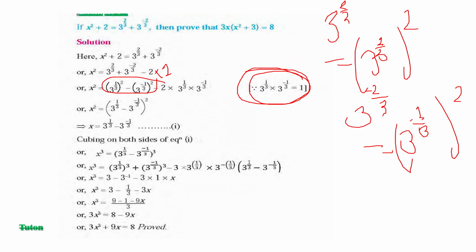We are applying this logic so that we can use the formula for (a - b)^2. Here in this case, a would be 3 to the power 1/3 and b would be 3 to the power negative of 1/3, so that we can apply the formula for (a - b)^2.